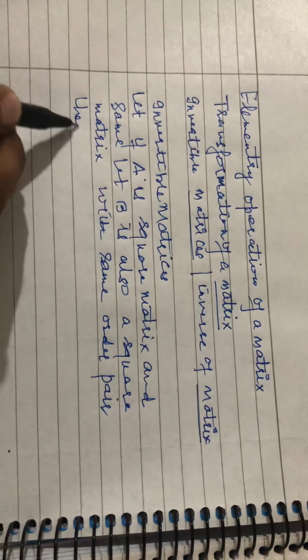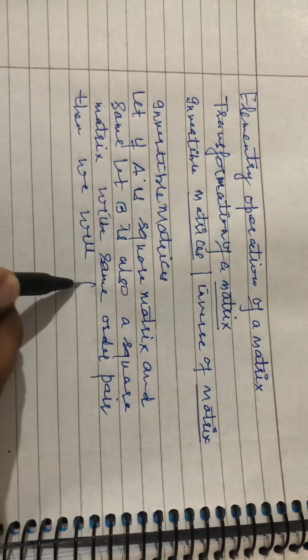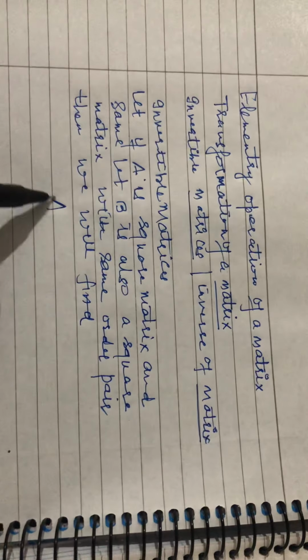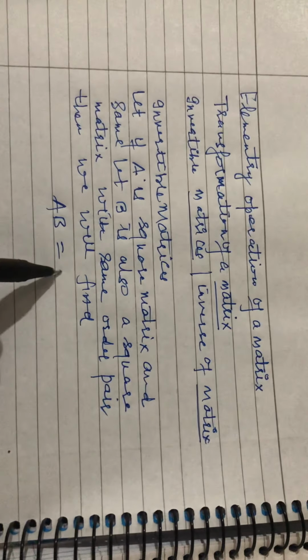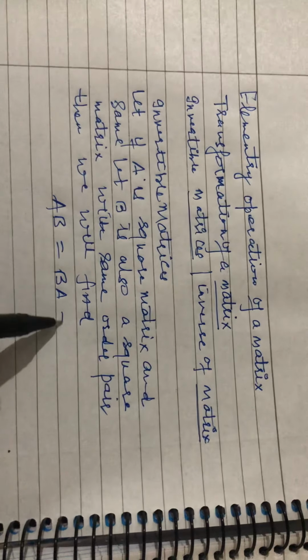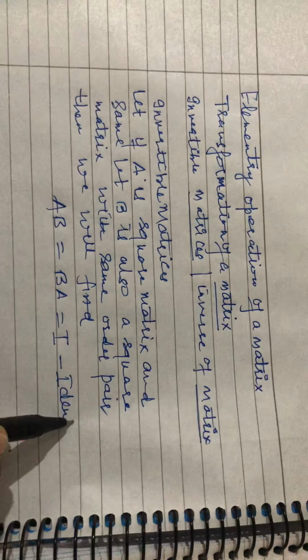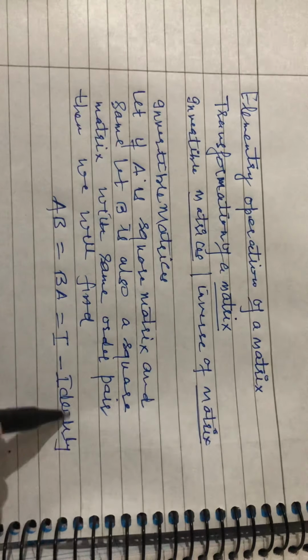Then we find the product AB is equal to BA is equal to I. Here I denotes the identity matrix.